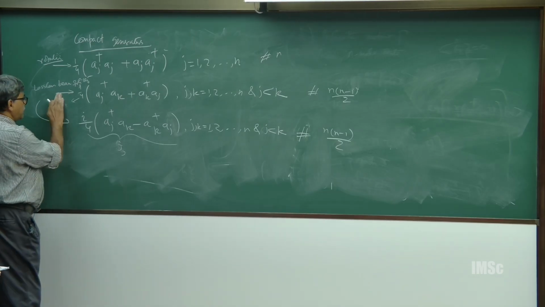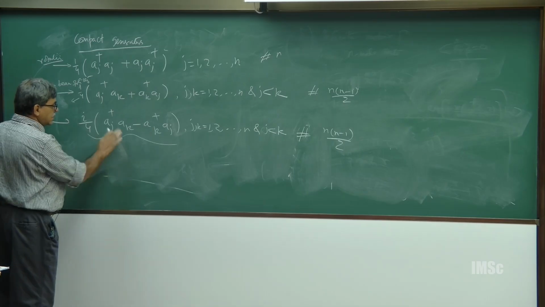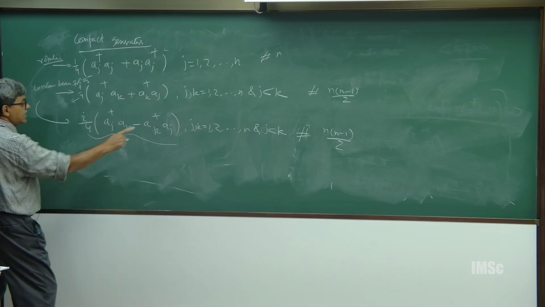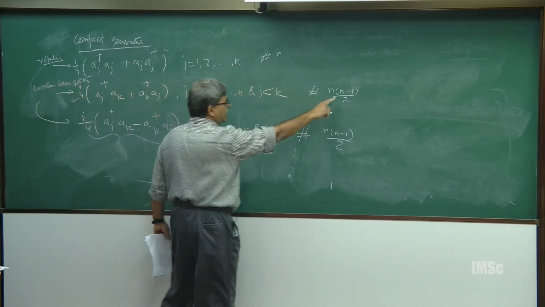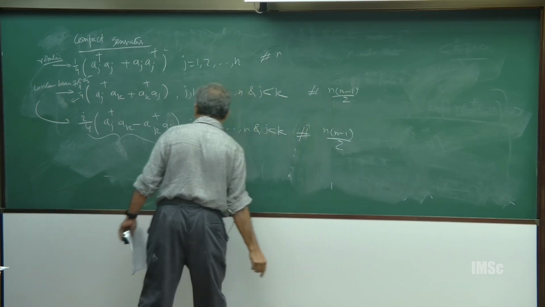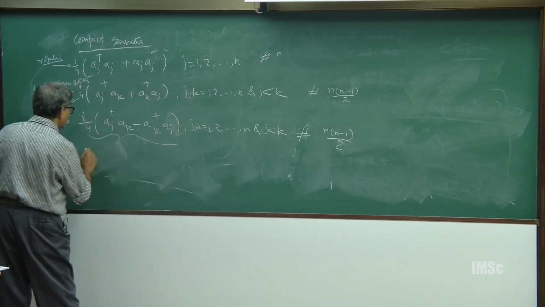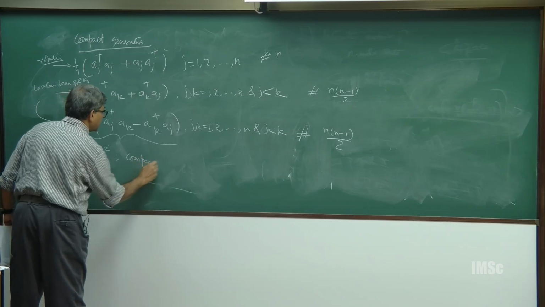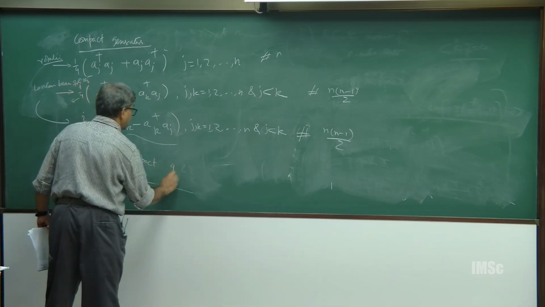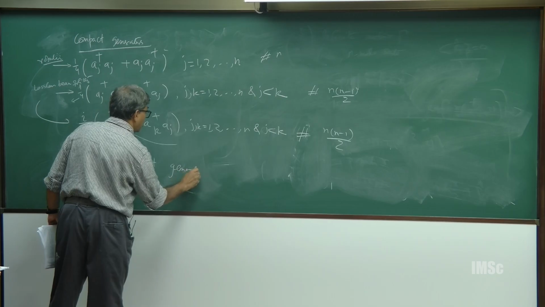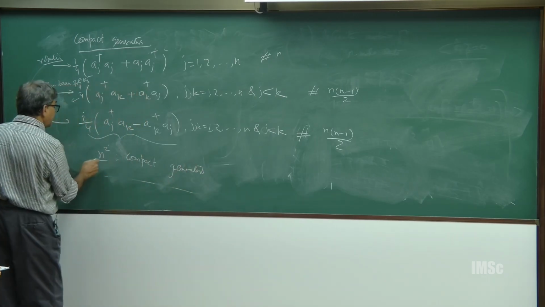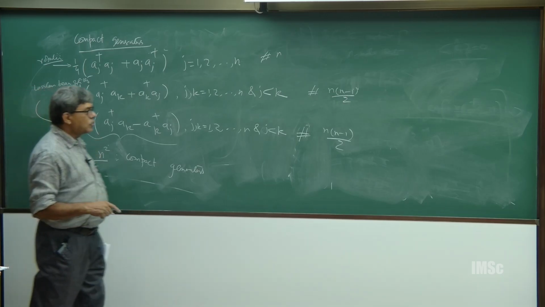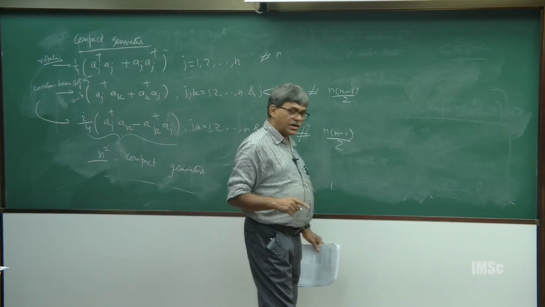Anyway, here it is n, and here it is n into (n minus 1). So in total, n squared compact generators, or n squared generators generating a compact subgroup of this Sp(2n,R).